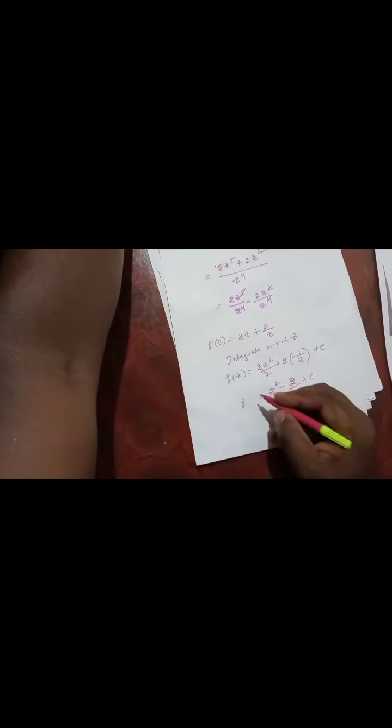So plus some constant, the 2 gets cancelled: z square minus 2 by z plus c. This is our f of z.